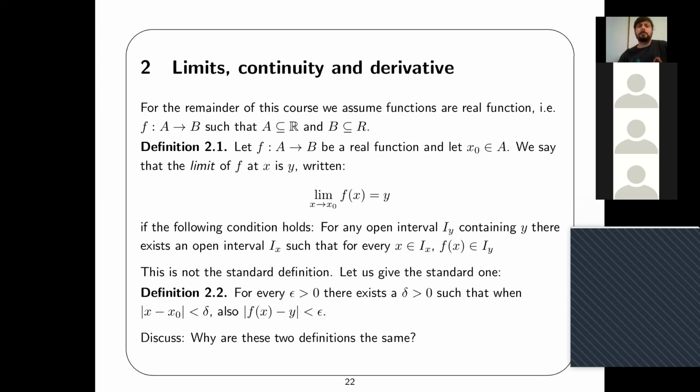And what I will start with is the definition of a limit. I know that it's common to think of a definition of a limit as something like, I'll draw you a picture. Let's say I have a function whose graph looks a bit like this.